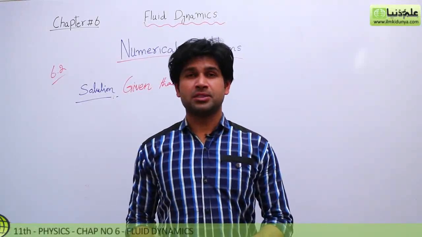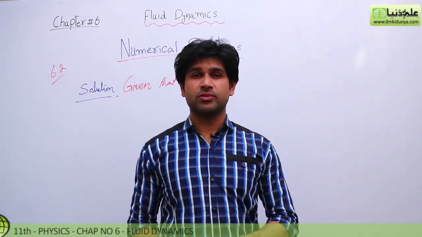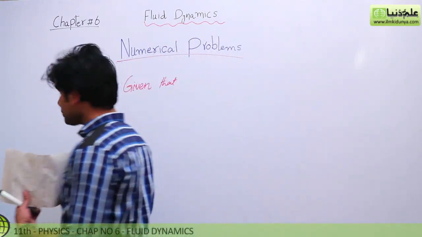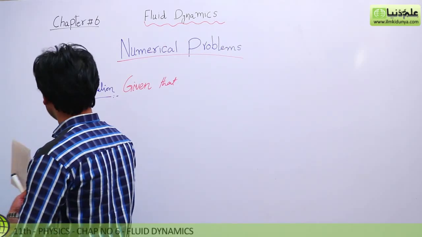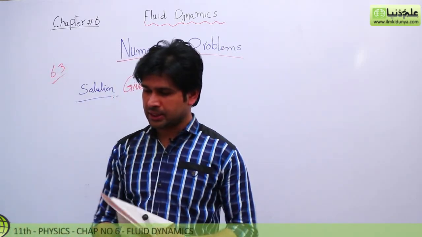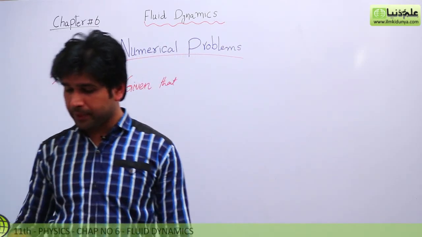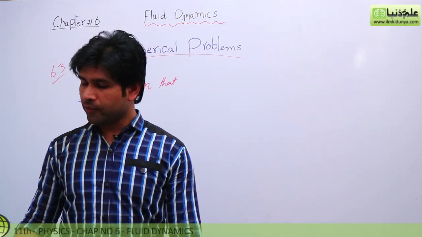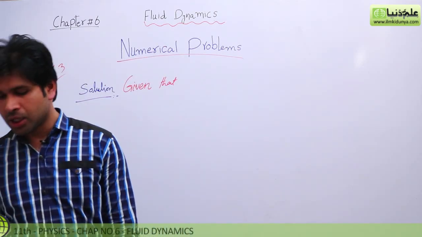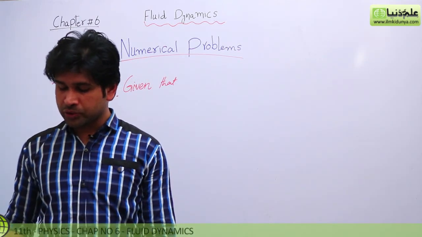Dear learners, our next numerical problem of chapter number 6, which is fluid dynamics, is 6.3. The statement of this numerical problem is: the pipe near the lower end of a large water storage tank develops a small leak and a stream of water shoots from it.